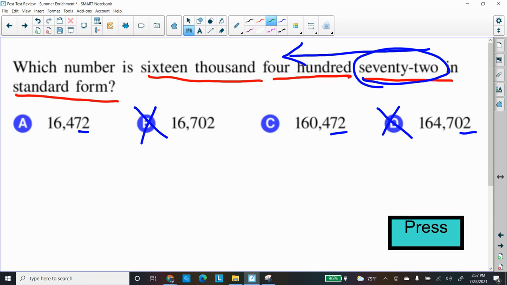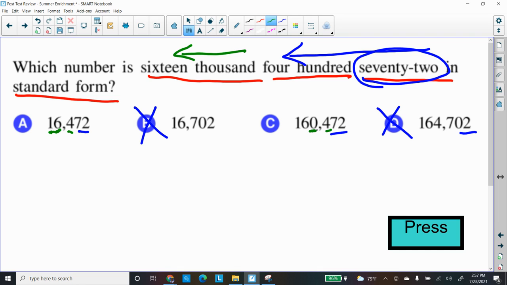Now, again, I would keep working backwards. 400, well, they both have 400, so that's not going to help us. So it's still A or C. And now the next number, if we keep going backwards, is 16,000. The next place before the comma is the 1,000, and we have 16 of them, so I would write a 1-6 to represent 16.